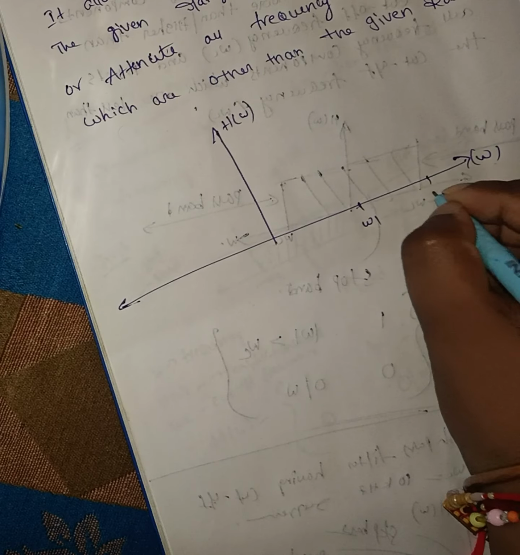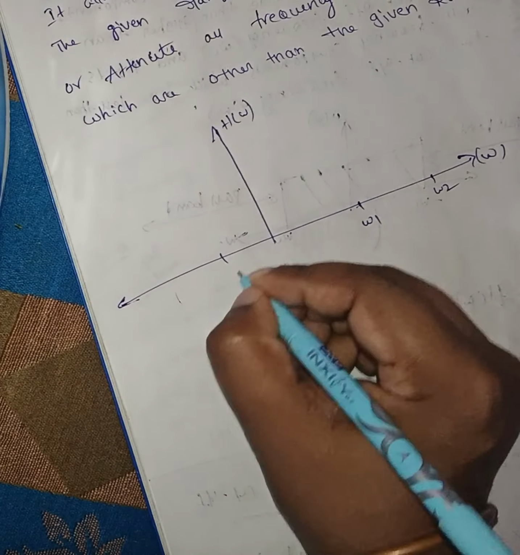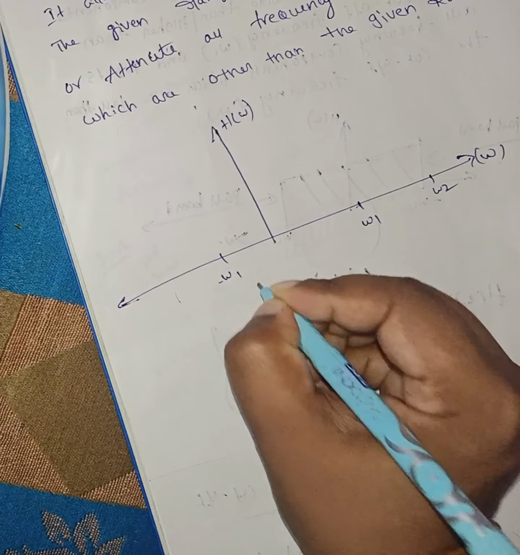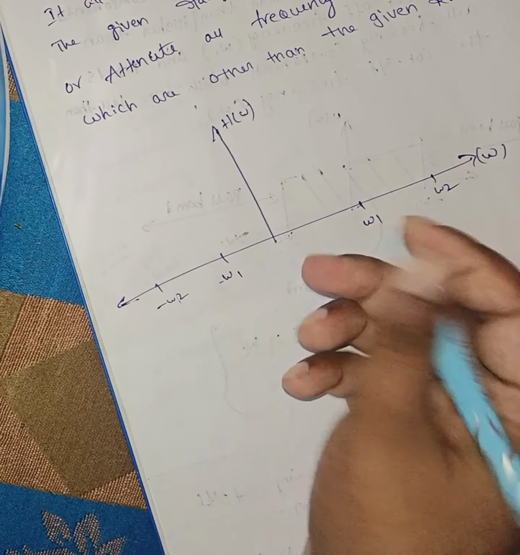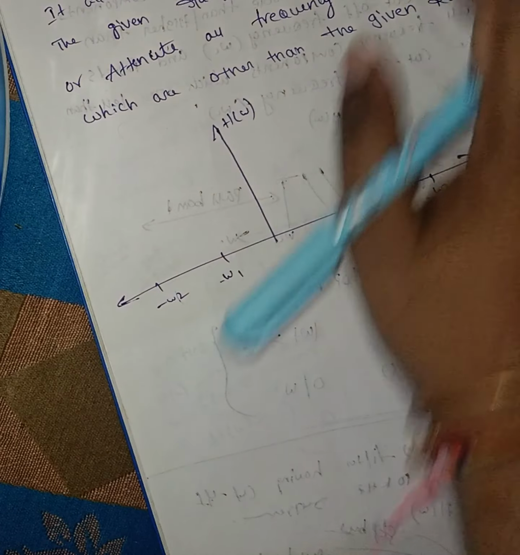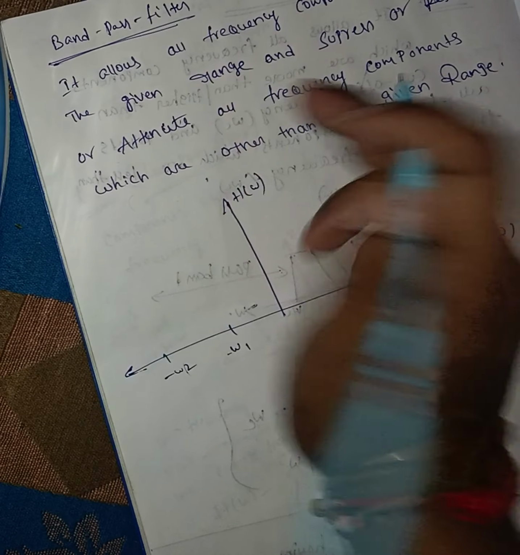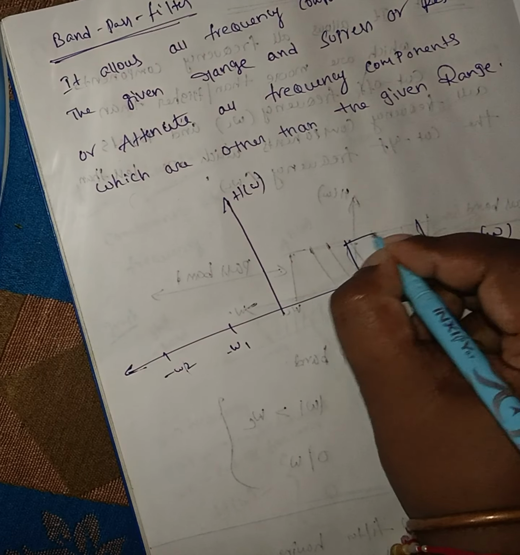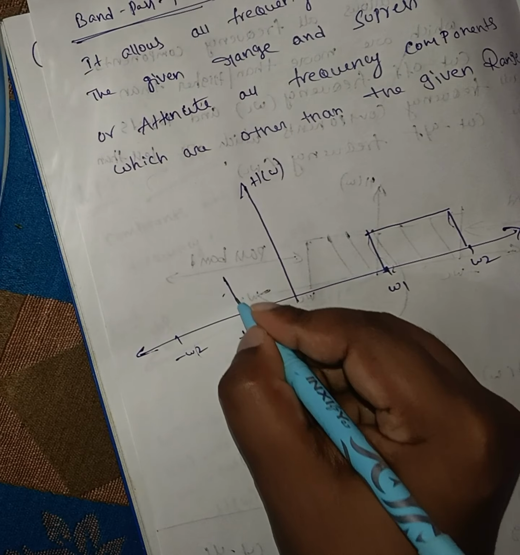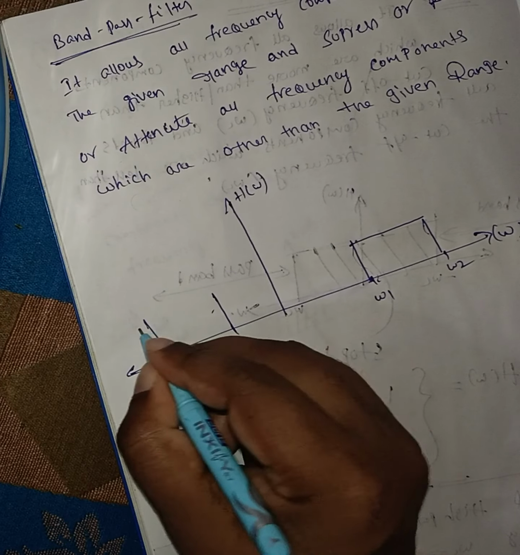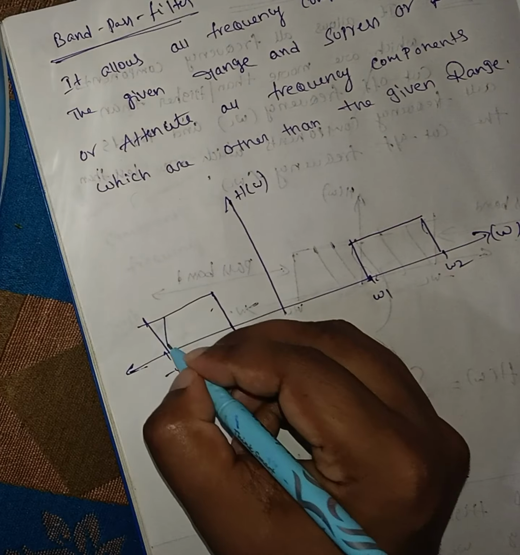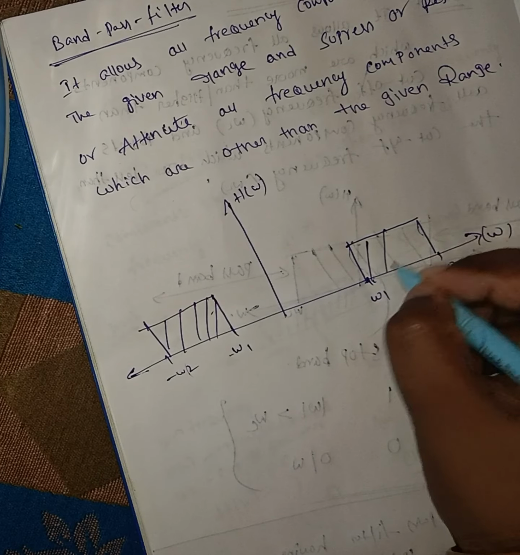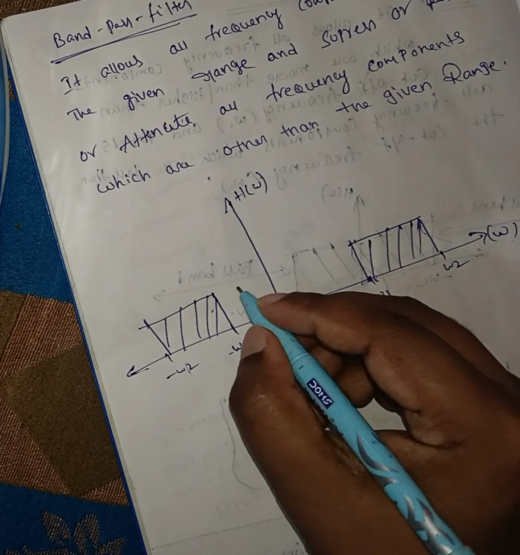Here we will get minus omega 1 and minus omega 2. So it will allow all frequency components within the given range, that means omega 1 to omega 2, same like minus omega 1 to minus omega 2. So this is pass band, this is also pass band, and the remaining all are stop band.